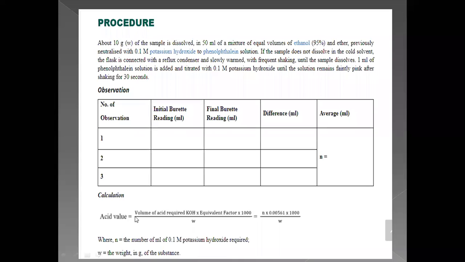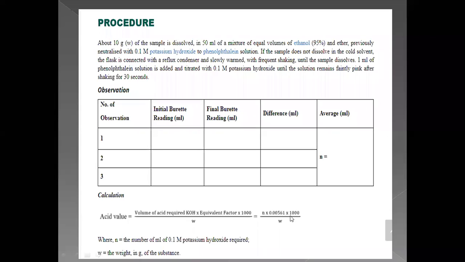Now how are we going to calculate the acid value? So acid value is equal to volume of potassium hydroxide required to neutralize free fatty acid multiplied by equivalent factor multiplied by 1000 divided by weight of sample we have taken. Now here we have taken 10 gram of the sample. N is the burette reading.